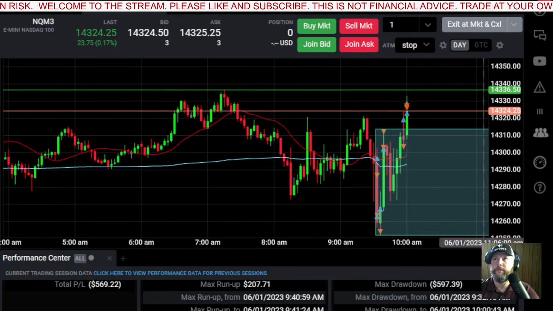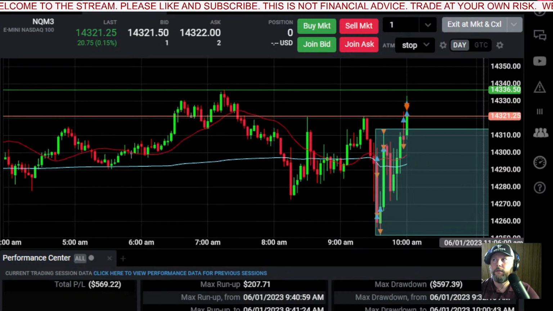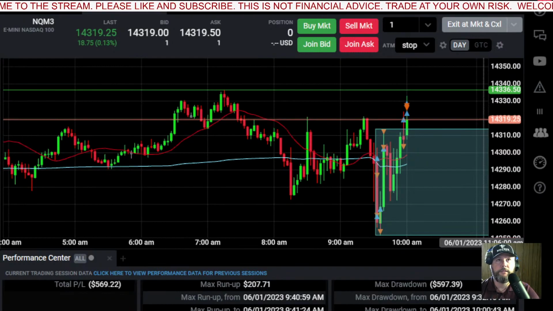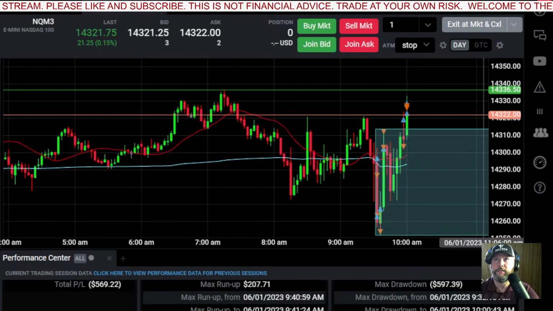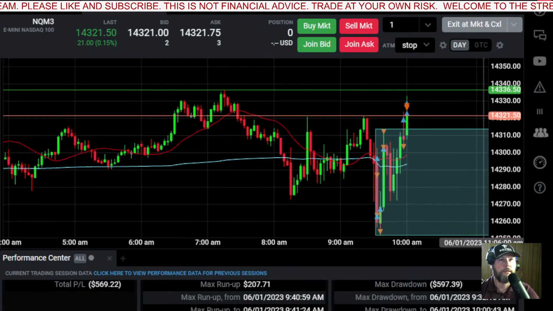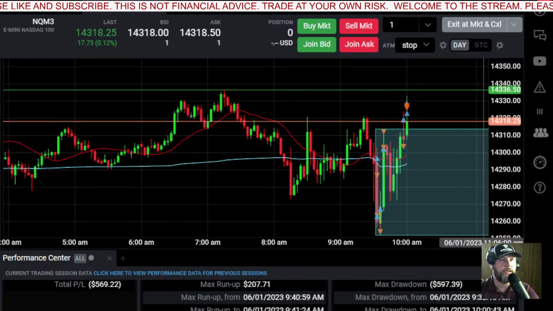May re-enter here if it starts moving back up. Watching the ES as well. It's trying to get back above the 20 SMA here, but it just hasn't happened as of yet.